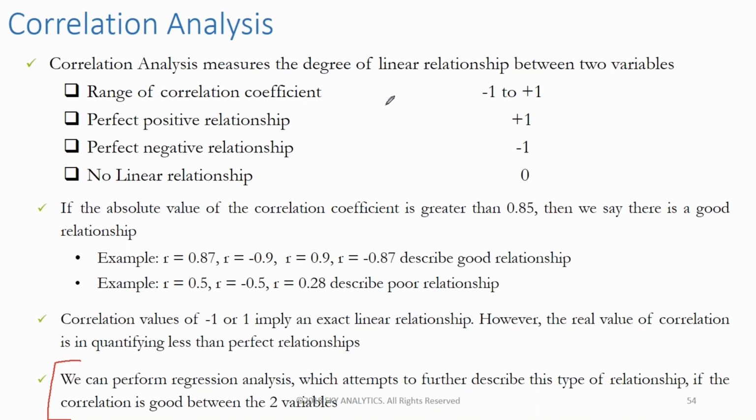So if you are having a strong correlation or moderate correlation between your X and Y, then you can go for regression analysis. We can perform this, which attempts to further describe this type of relationship. If the correlation is good between two variables.